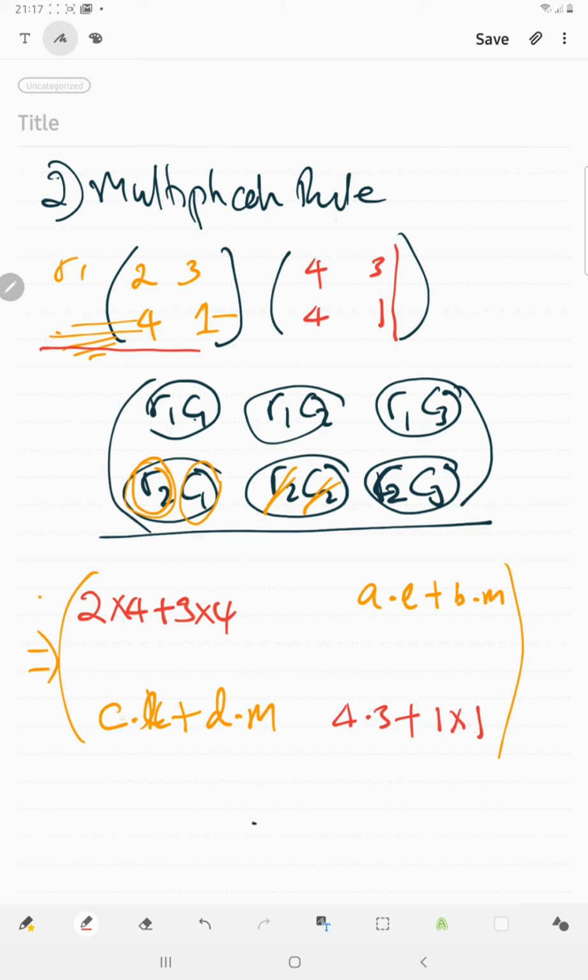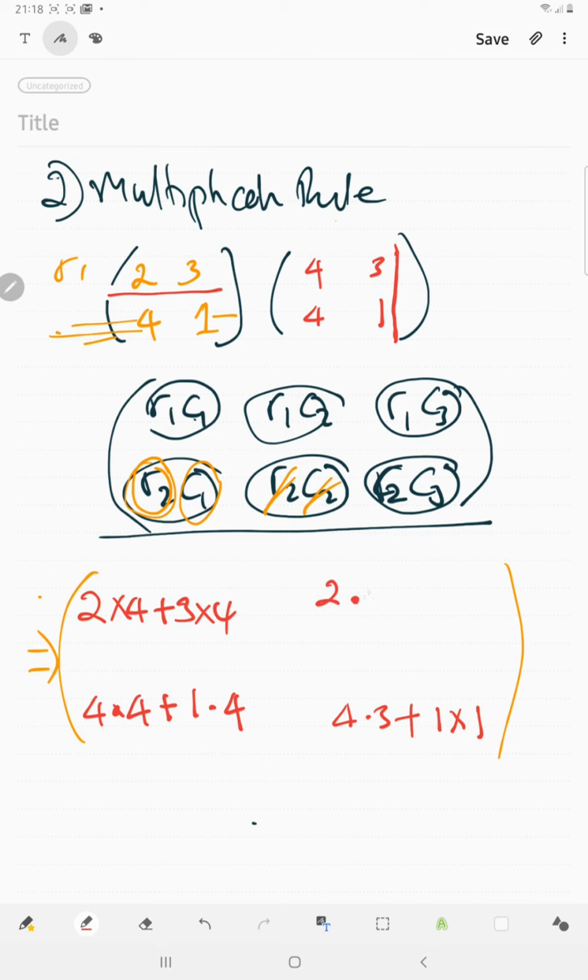And then this one is row 2 multiplied by column 1, so it should be 4 multiplied by 4 plus 1 multiplied by 4. And lastly, this one I'm taking row 1 multiplied by column 2, so it will be 2 multiplied by 3 plus 3 multiplied by 1.